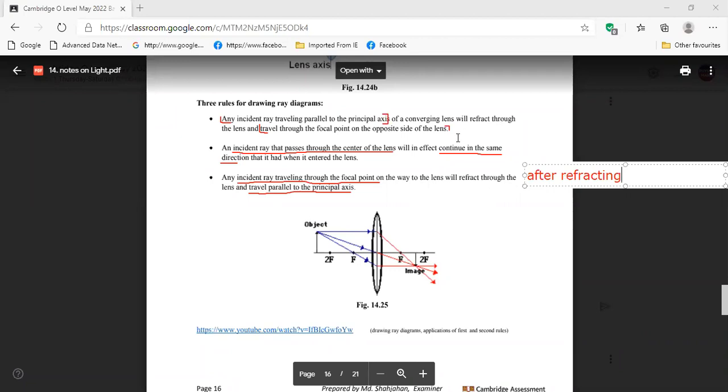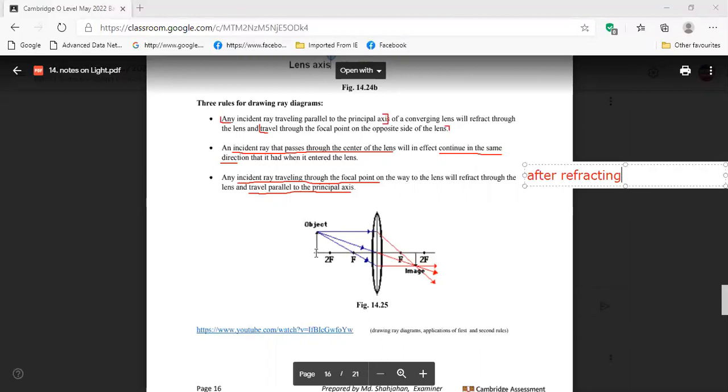Are you done with drawing? Mahi, look, Farabi, here, did you understand F? What is F? The focal point. Focal point. Yes, very good.